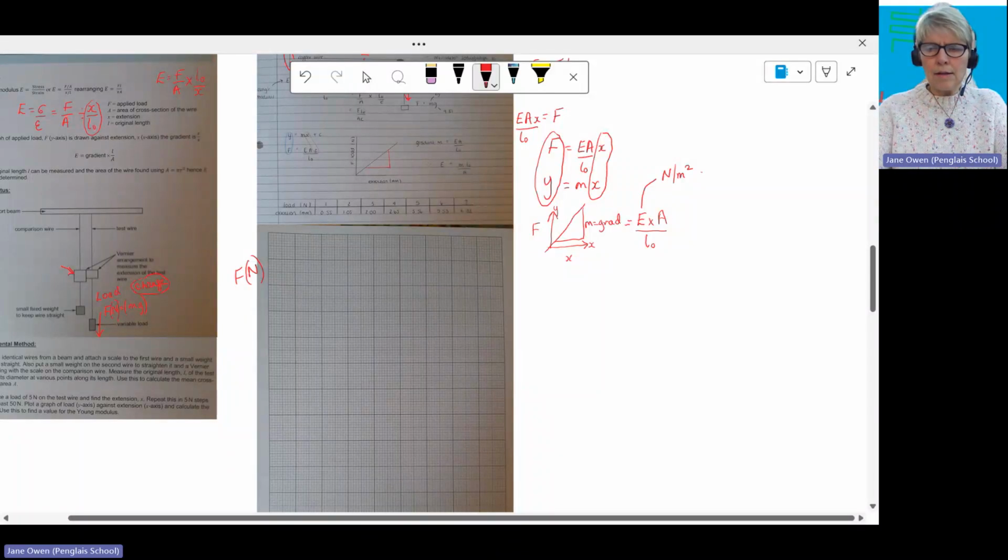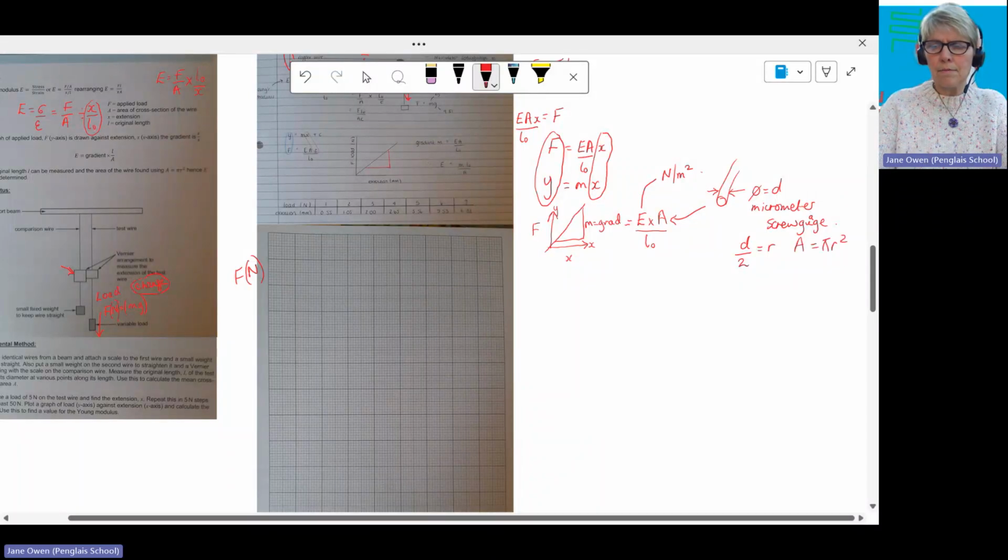To get the area, that's the cross-sectional area of the wire that you're using, you'd have to measure the diameter using a micrometer screw gauge. From your diameter, you can divide by 2 to get your radius, and then the cross-sectional area will be given by pi r squared.